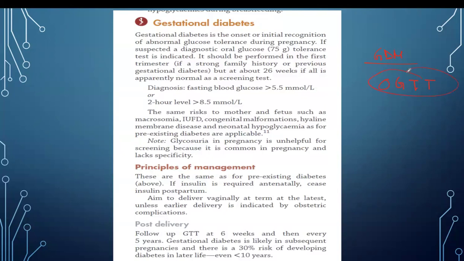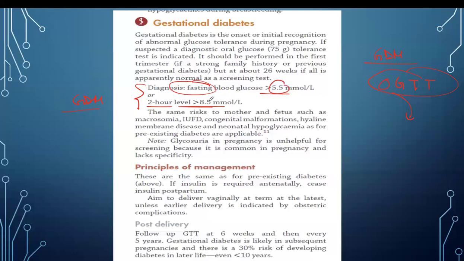In OGTT, you give the patient a sugar drink, which is 75 grams of glucose, and before that you ask the patient to fast. So you check the fasting blood sugar, and then 2 hours after giving that glucose drink, you check the blood sugar again. If fasting is 5.5 or more, or 2 hour is 8.5 or more, you can call the patient GDM.